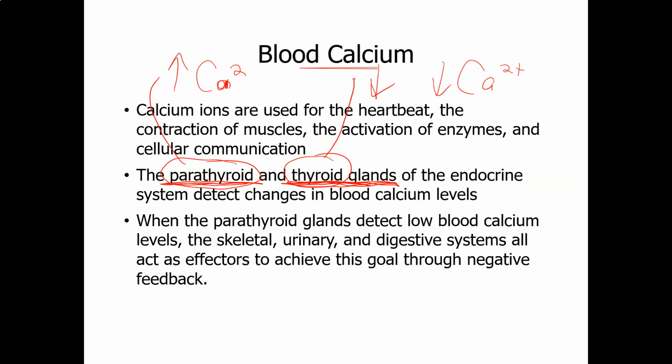It's going to cause your bone material in your bones to break down and release the calcium that is stored in your bones. The thyroid gland is going to take calcium from your blood, remove it, and give it back to your bone tissue. So in that way, your amount of bone tissue should remain fairly stable.